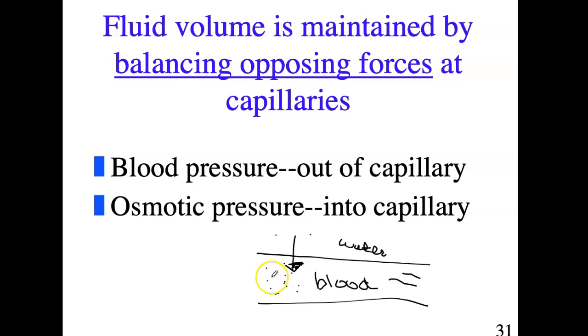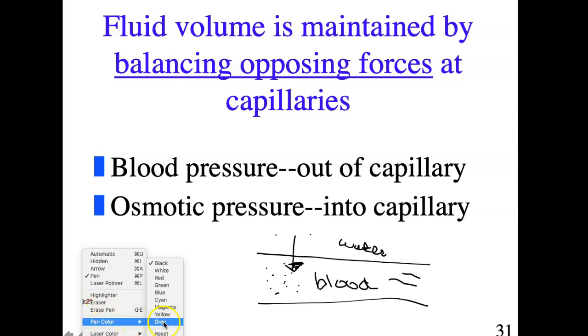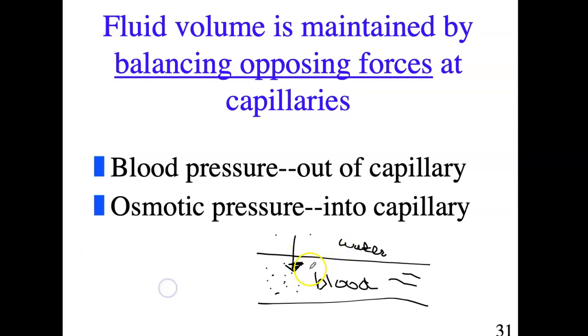But if you have blood pressure, let me get another color. If you had blood pressure that's huge here, a very big pressure coming out like this, then this pressure is going to overcome the osmotic pressure. So at certain parts of that capillary, the blood pressure is huge and overcoming the osmotic.